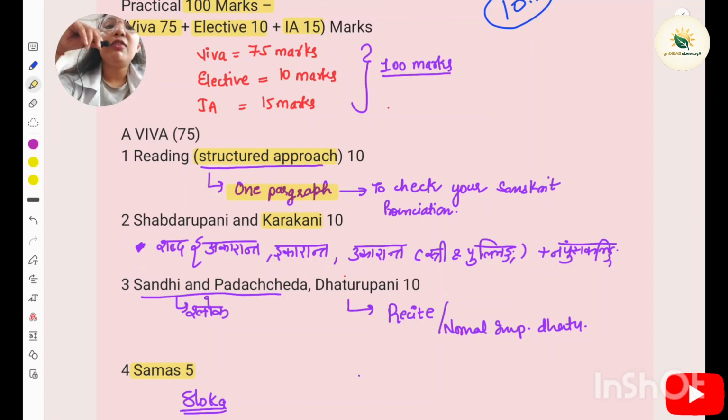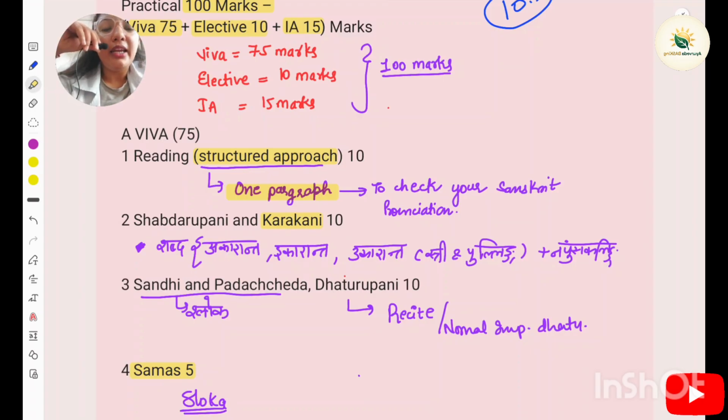But if they ask for any shabda, you have to at least say the whole shabda rupa. This is important, and since you have already studied it for the theory exam, at least revise it. No need to go through everything, but at least revise the first ones: akarant, ikarant, striling, pullinga, napunsak, and ukarant. Up to here at least you should know all the shabda rupa.